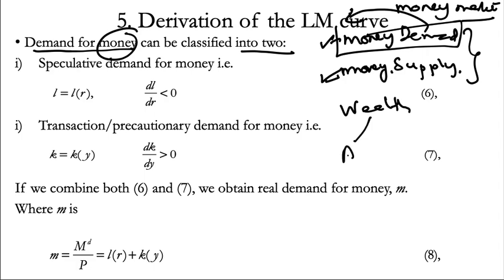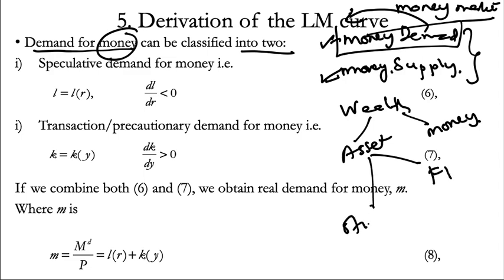Wealth can be in the form of financial assets or other types of assets such as houses and whatnot. Another question here is, if it is about financial instruments or financial assets, can we also consider money as a financial asset? Definitely, yes.